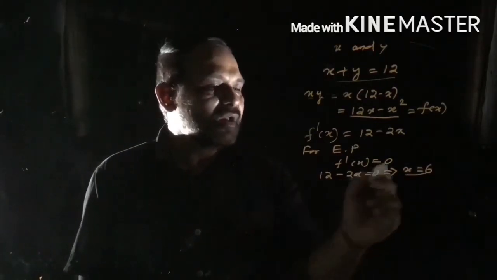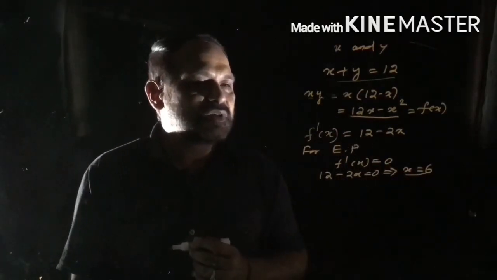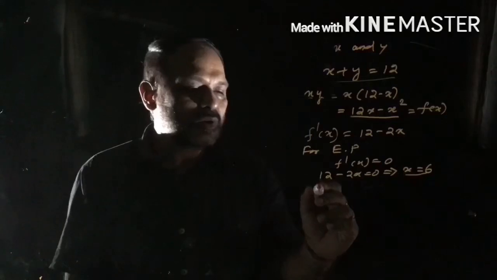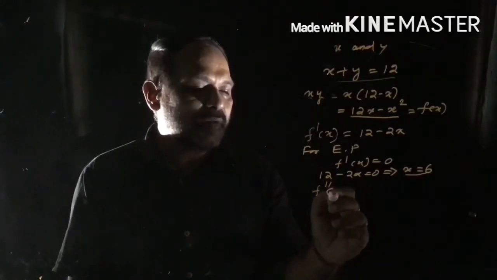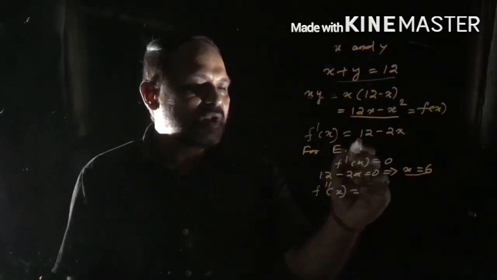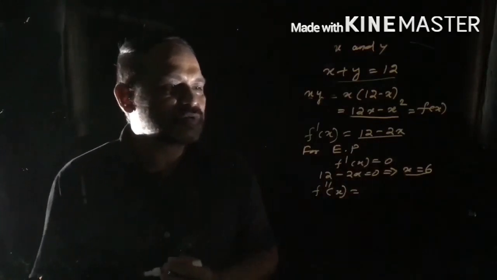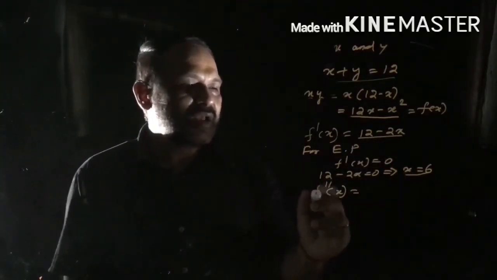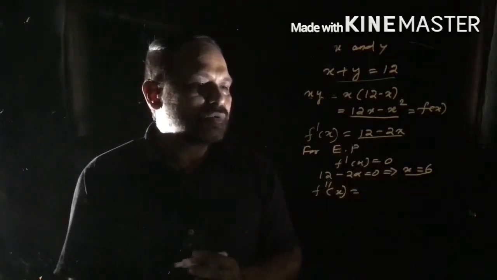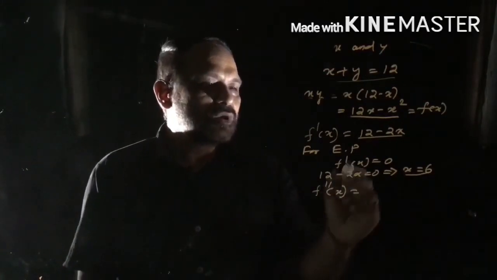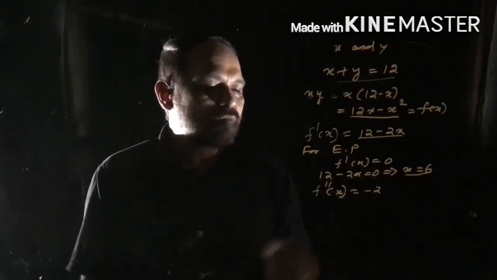We have to check whether the function is maximum or minimum at that point. So find the value of f''(x). Here f'(x) is 12 - 2x, so f''(x) is equal to -2.